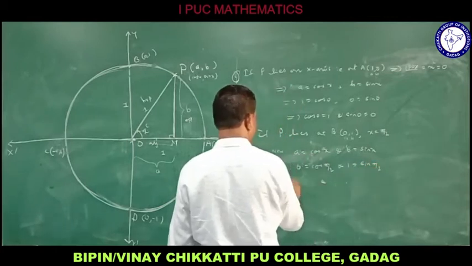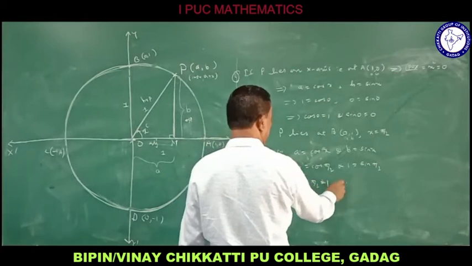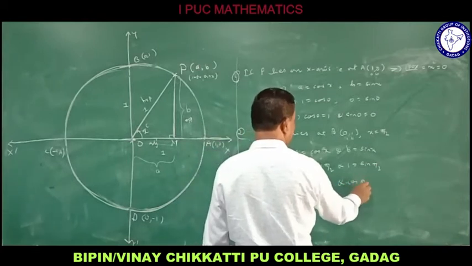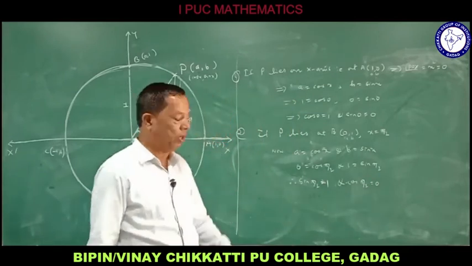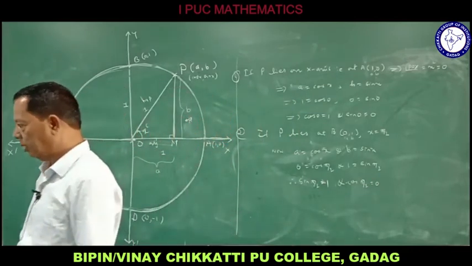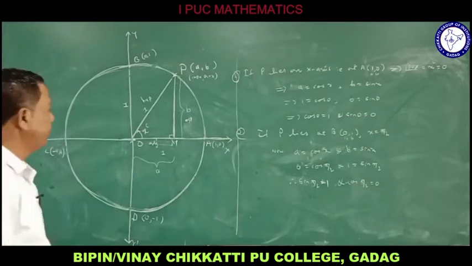So the result is that sin pi by 2 is equal to 1 and cos pi by 2 is equal to 0. This is the way we find the results for sin 90 and cos 90. Similarly you go for other angles.